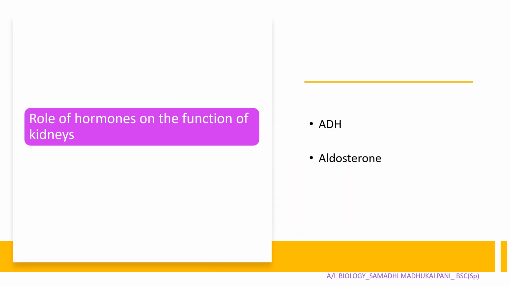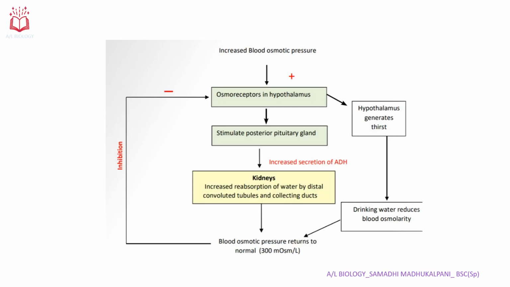Antidiuretic hormone ADH and aldosterone are involved in the function of kidneys. When the blood osmotic pressure increases, that means solute concentration in blood has increased. This is sensed by the osmoreceptors in the hypothalamus.